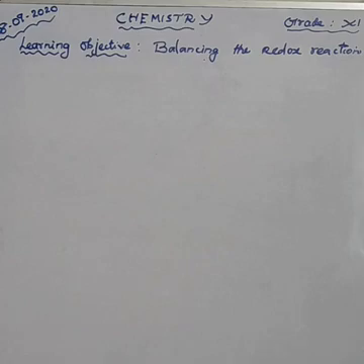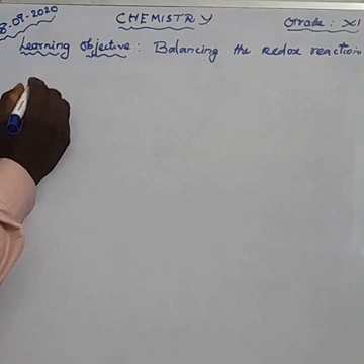The formula: equivalent weight of KMnO4 in acid medium is equal to the molecular weight of KMnO4 divided by the number of moles of electrons transferred.